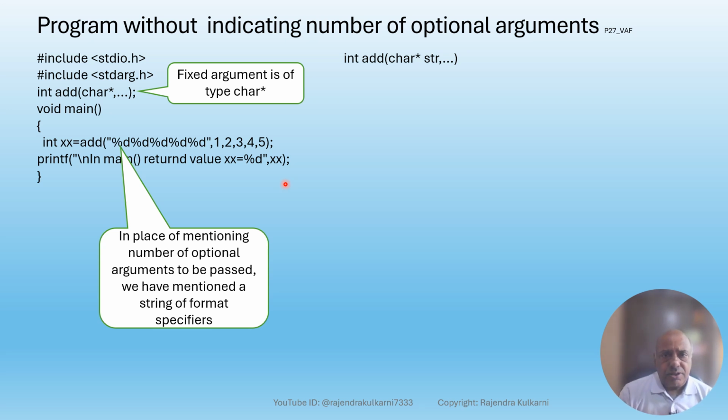Now this is the function definition. In the function definition, we are collecting the string of %d's into a char star str. So whatever string is passed will be collected into str, and then there is a comma and 3 dots.